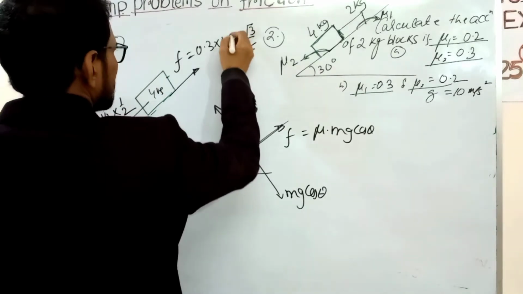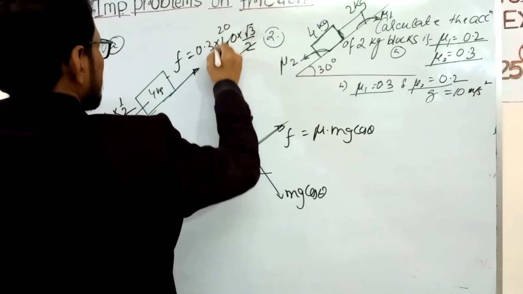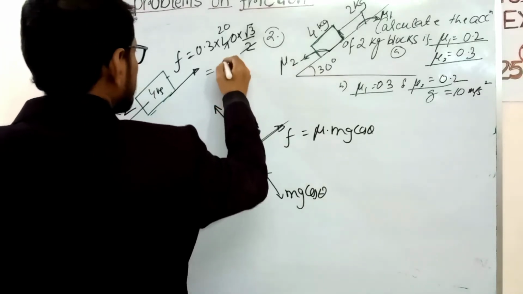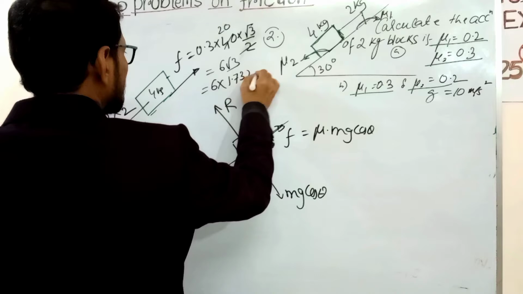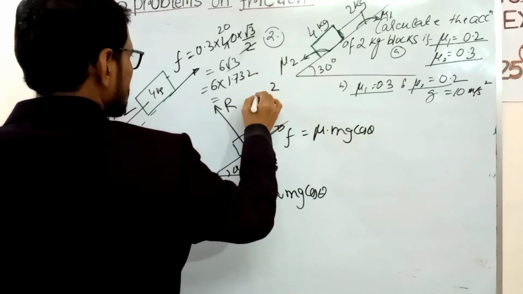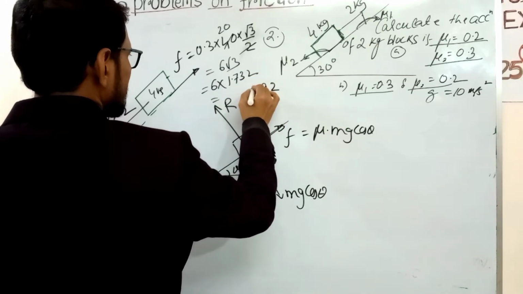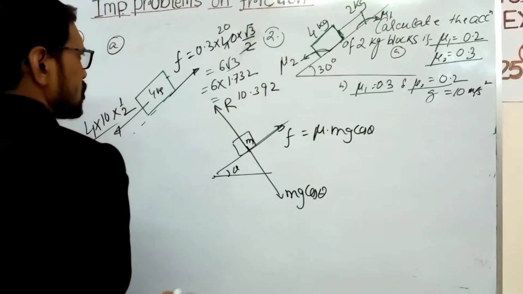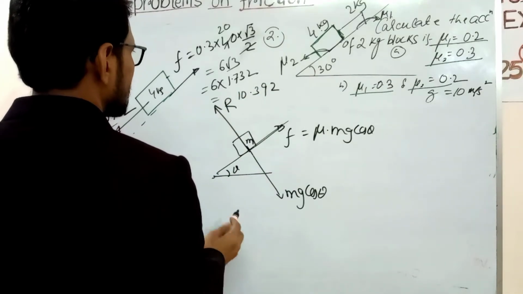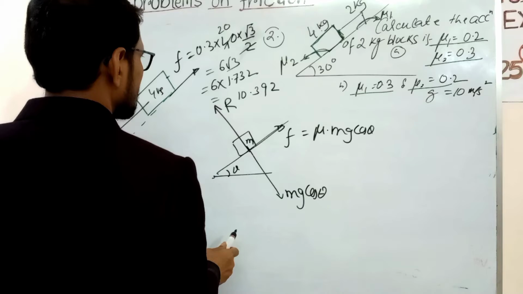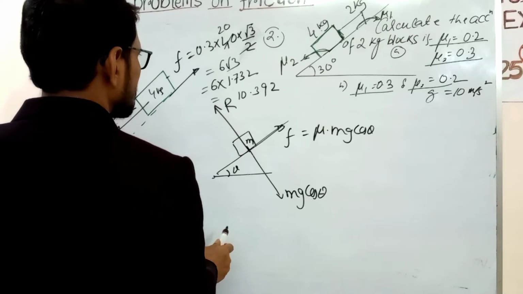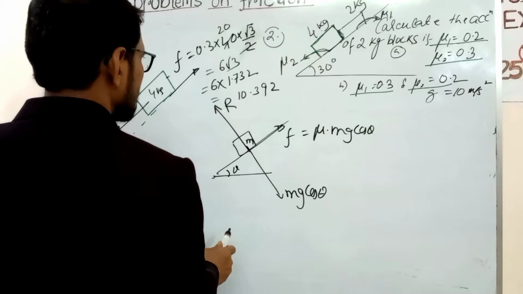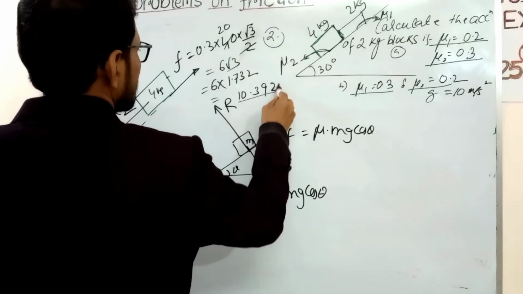The 2 cancels, 20 into 3 by 10, that is 6 root 3. 6 root 3 means 6 into 1.732, which is equal to 10.392.